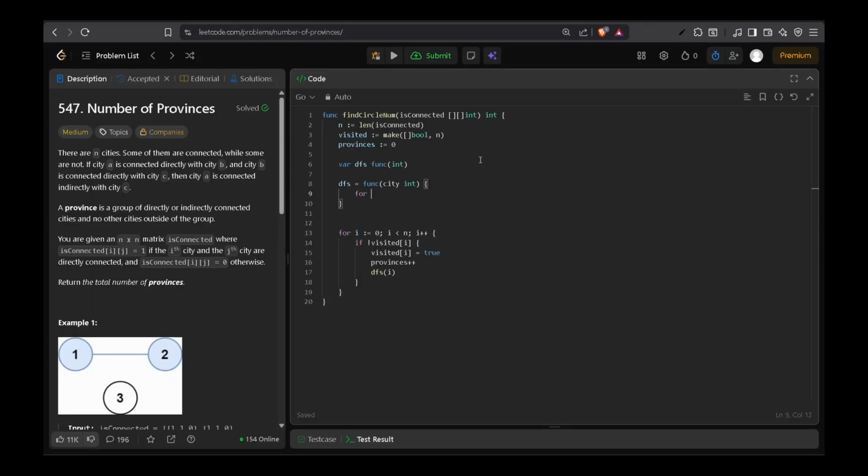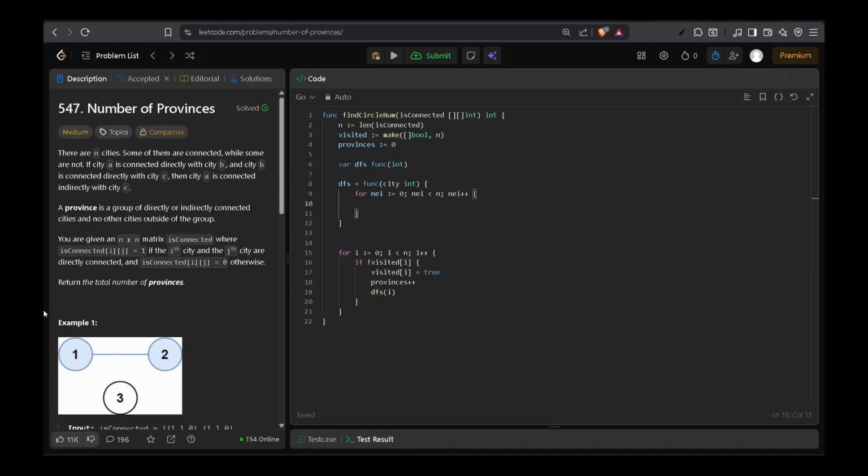So that's why for neighbor starting from 0, because the 0th city can be a neighbor to the current city, right? And neighbor less than n. So any city from 0 till n minus 1 could be a neighbor for the current city. Neighbor plus plus.